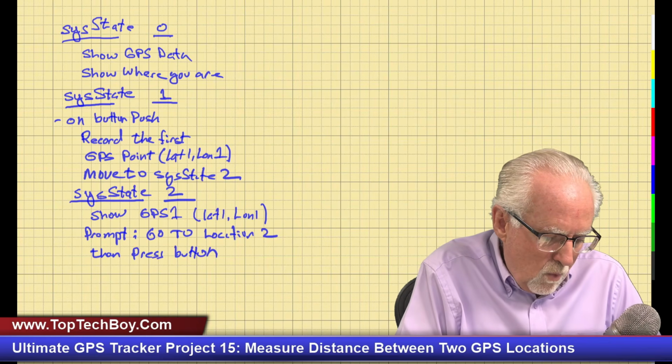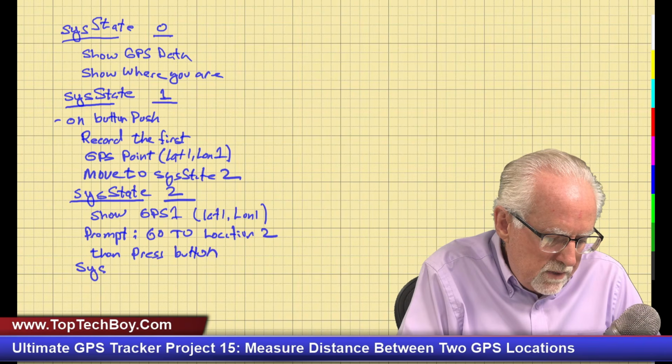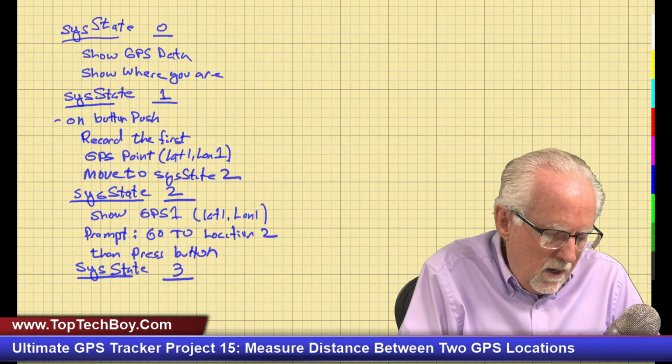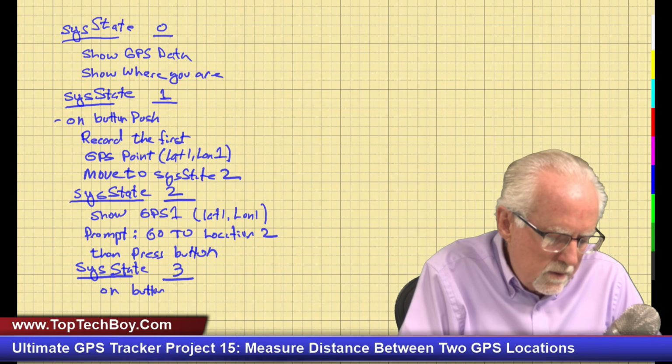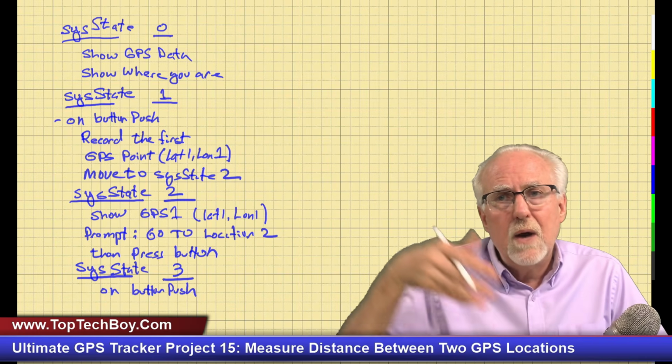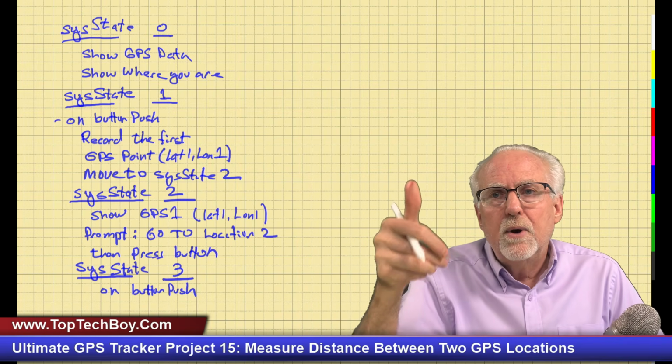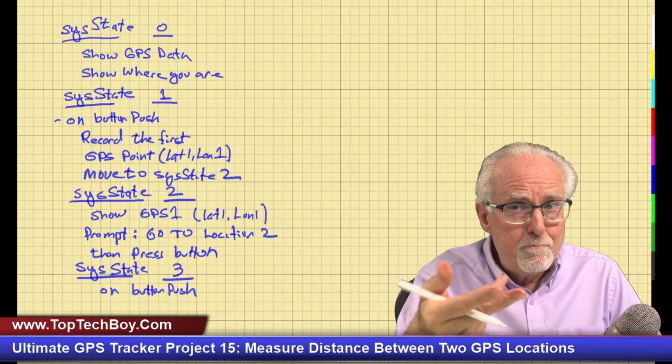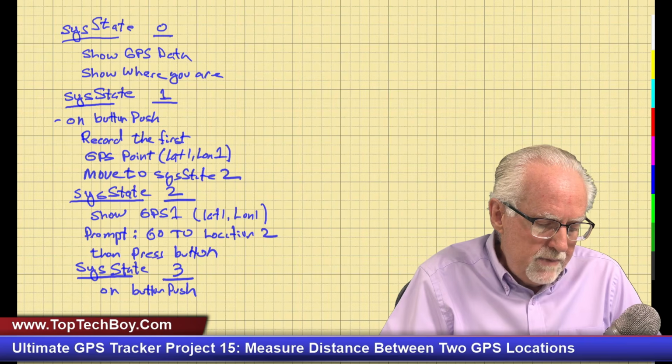But now, what takes us to sys-state 3? You get there on a button push. So as I'm sitting and waiting in 2, I walk to the new location. I press the button. Now on that button press, I come down and I am in sys-state 3.